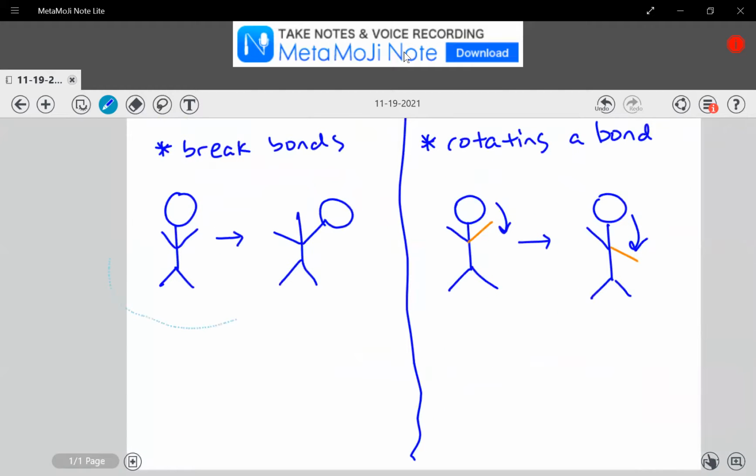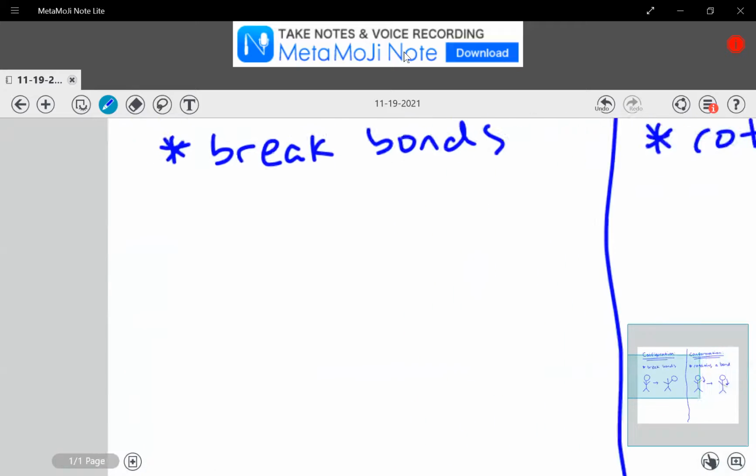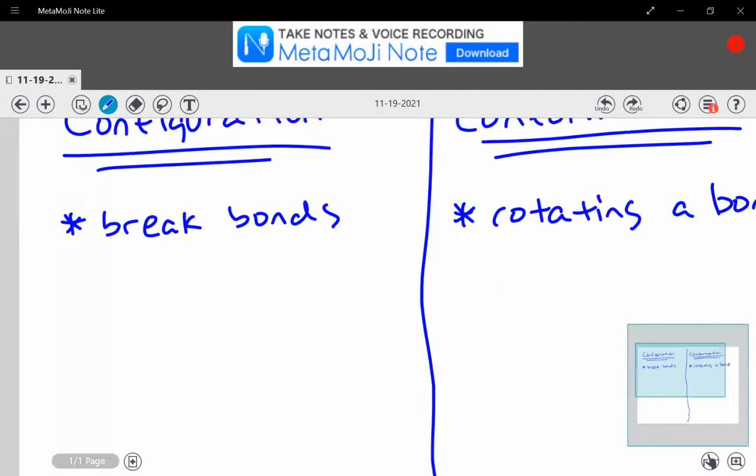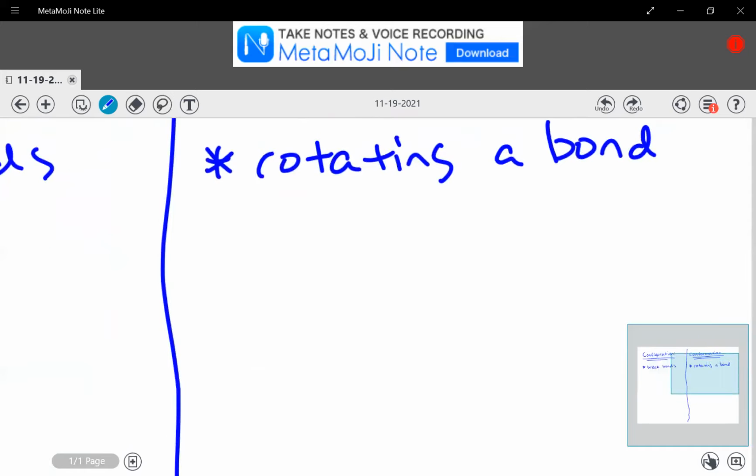And maybe erase this. So, a good chemistry example. Maybe I should have Googled this beforehand. Kind of struggling to think of one. I guess the best way I can think of one is, let's say we have, starting here, let's start with a conformation.